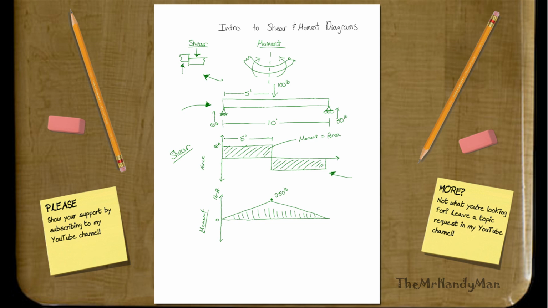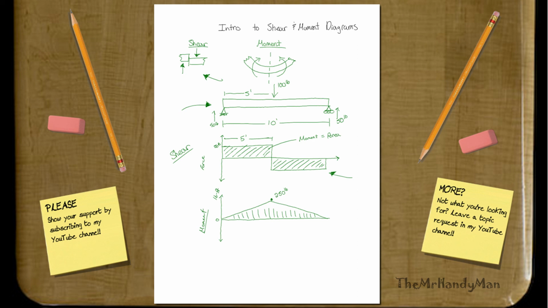Now what does this mean? Someone was asking me, how can I mathematically prove or understand this? One thing I would suggest is to look at what type of function this shear diagram is.